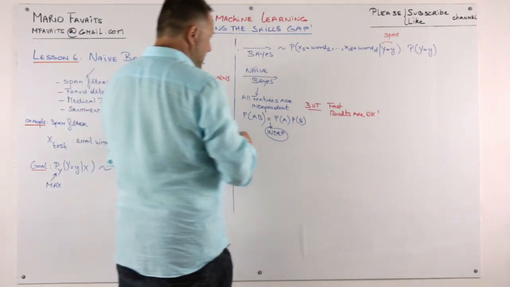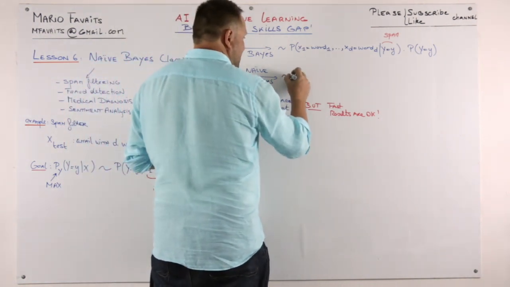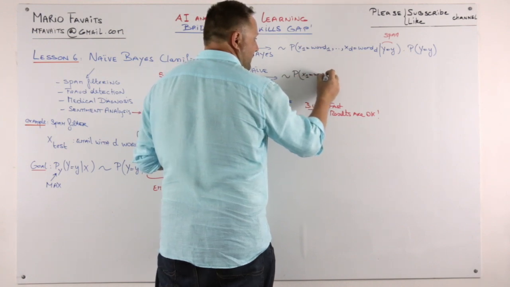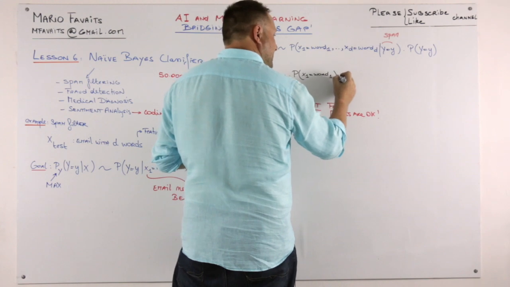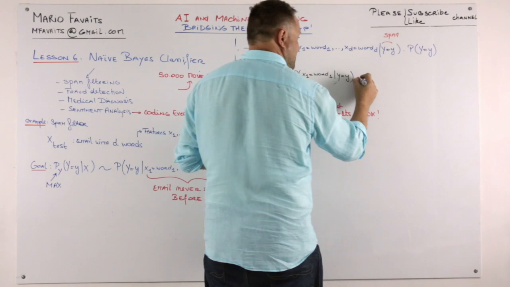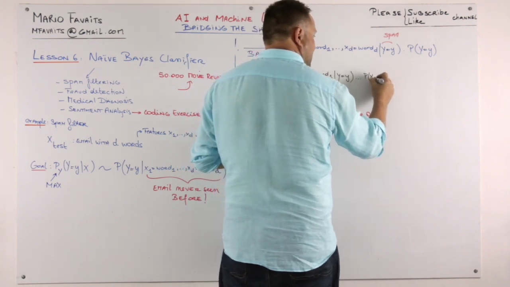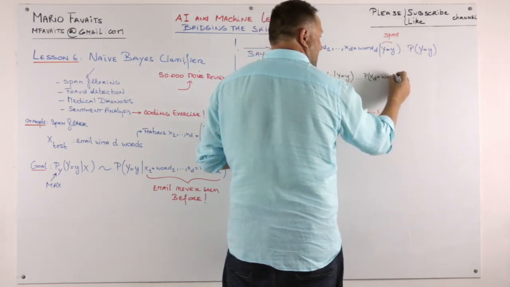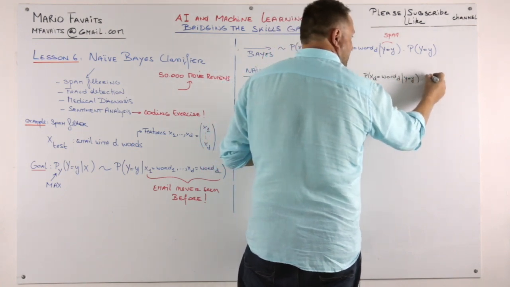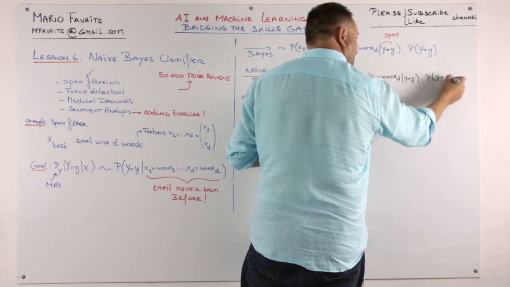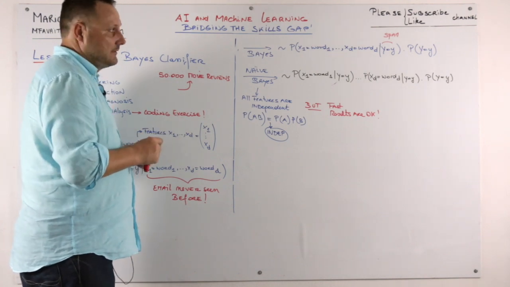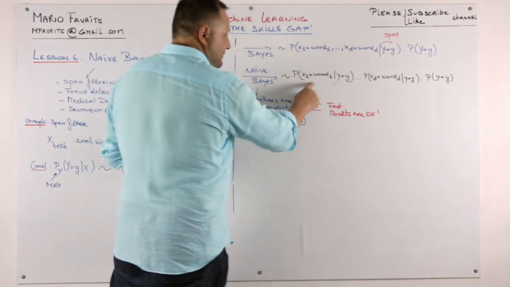But if we apply naive Bayes, this is equivalent to the chance that x1 is word 1, given the label, times the chance that xd equals word d, given the label, times the prior. So this is a very different case. I can calculate this. What does this mean?